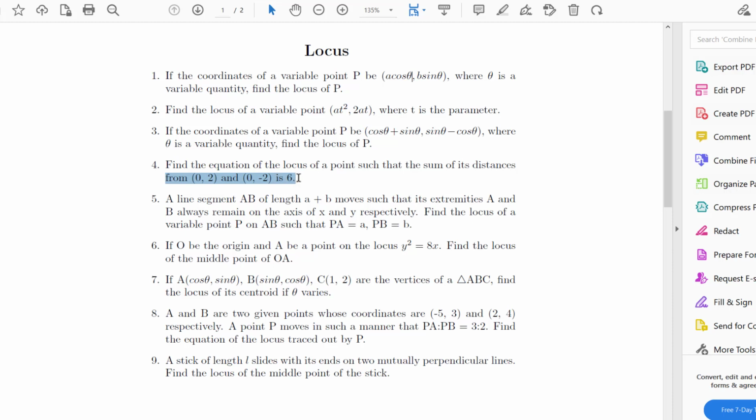Sometimes you can use trigonometry, sometimes you can use a normal method without introducing any variable. 2 points are given. Let's say point A is (0, 2) and point B is (0, negative 2). It says, tell me the locus of a point, the equation of locus basically, such that the sum of its distances from this point and this point is always 6.